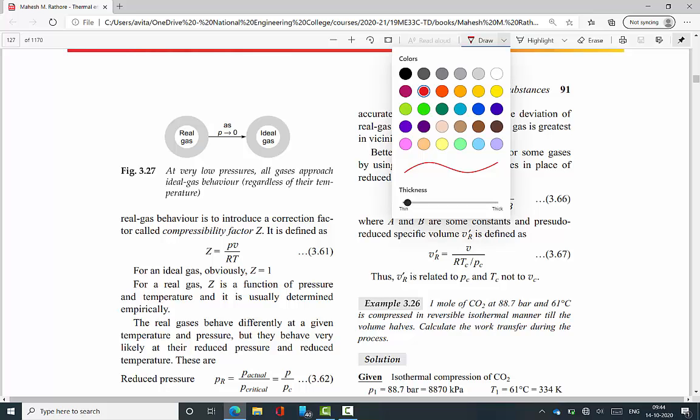At very low pressure, all gases approach ideal gas behavior. At very low pressure, meaning atmospheric pressure, ideal gas and real gas are both the same; both obey PV equal to RT. But at higher pressure, the volume of the molecules is a major contribution to the volume of the whole container.